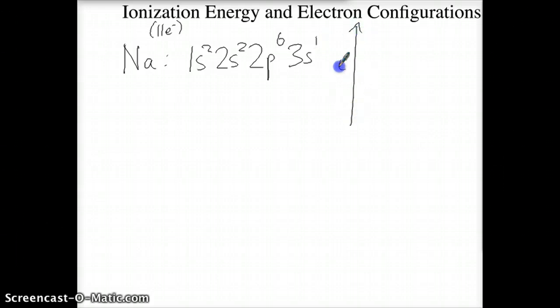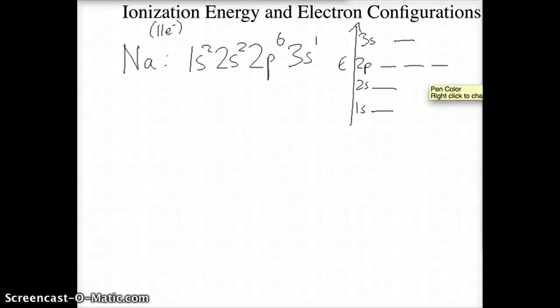If we were to draw this on an energy diagram, just for a refresher, 1s orbital is lowest in energy, then the 2s, then the 2p, which consists of our 3 orbitals, the px, the py, and the pz, and then the 3s. So if we filled these up with 11 electrons, 2 go in the first, 2 go into the second energy level, s, and then 6 into the p.